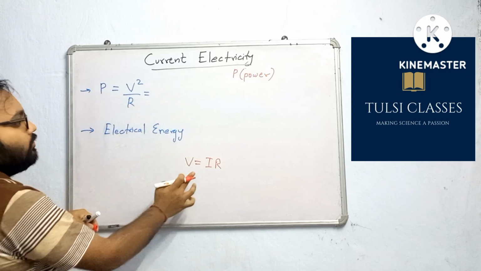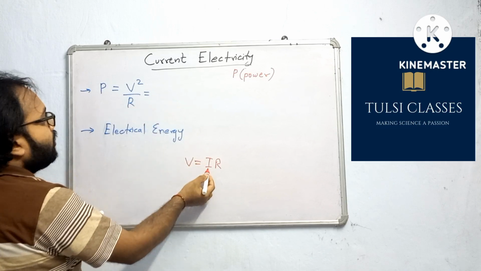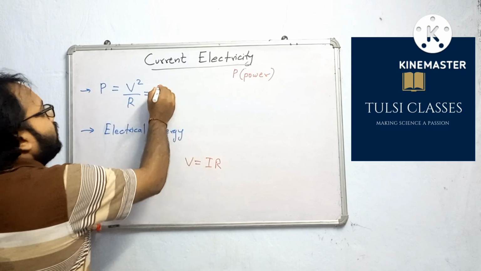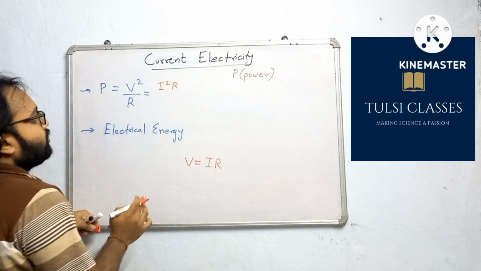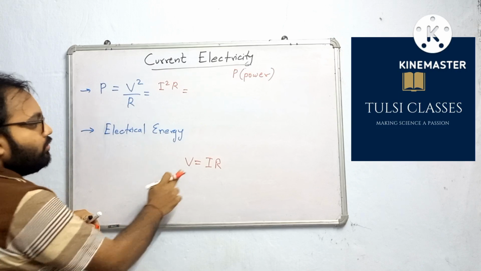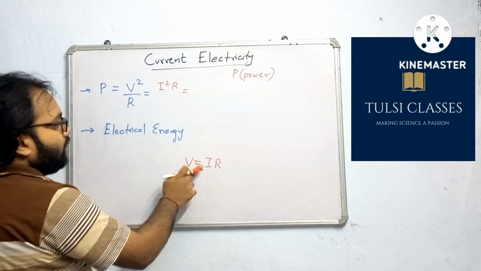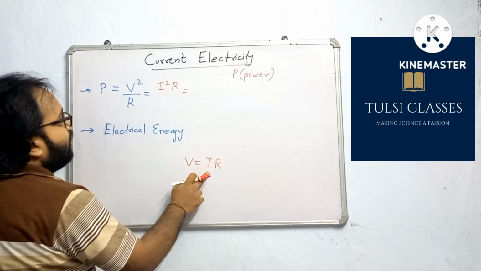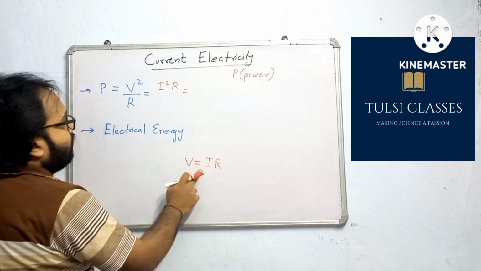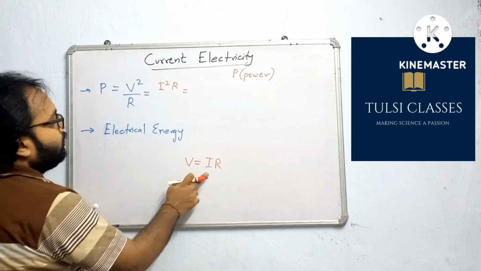Putting this in this formula, what do we get? This will become I square R. Or if we replace R, it will become VI.